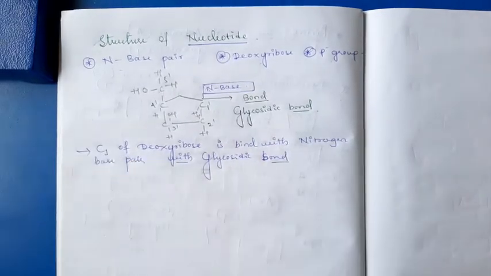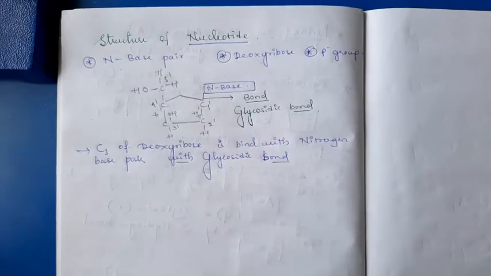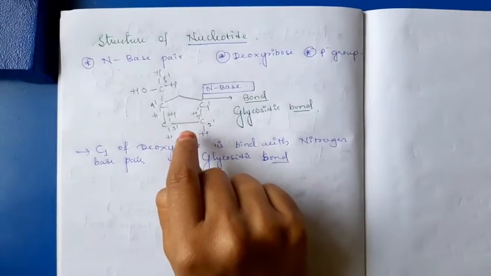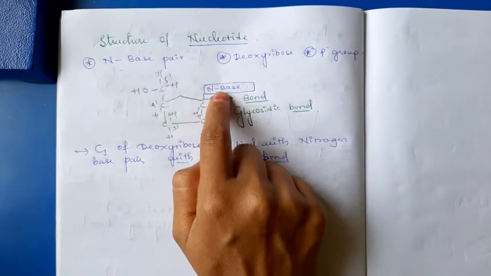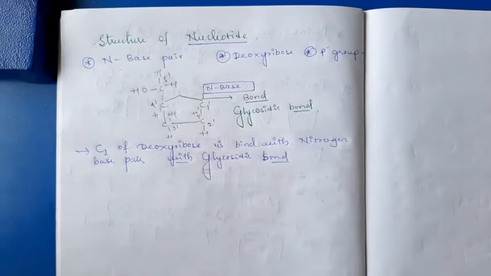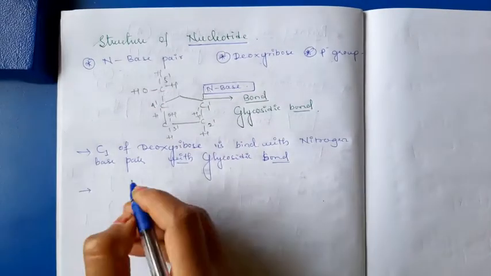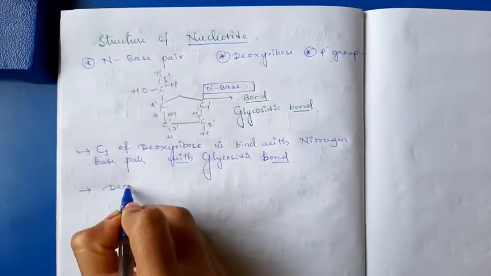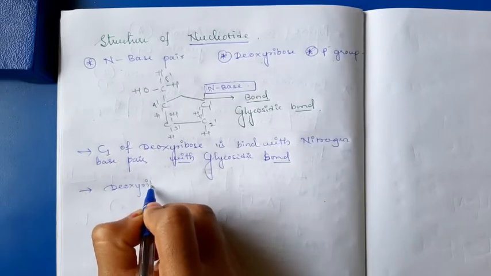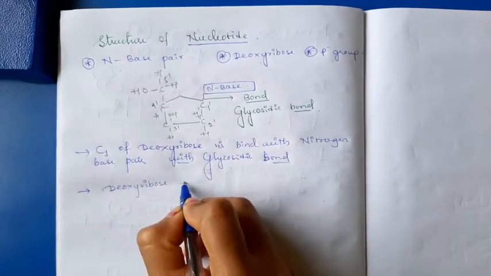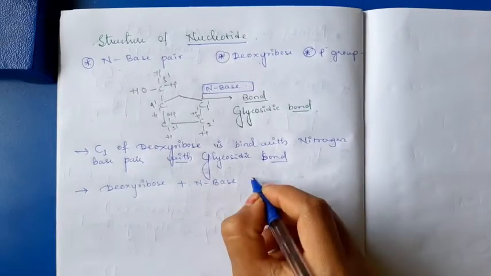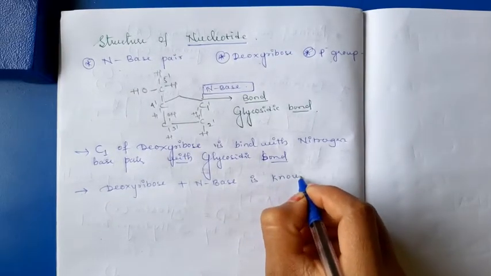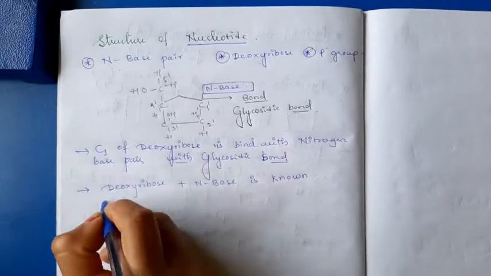Okay. Then the aggregation of the deoxyribose and nitrogen base pair, here I will write, deoxyribose plus nitrogen base pair is known as nucleoside.